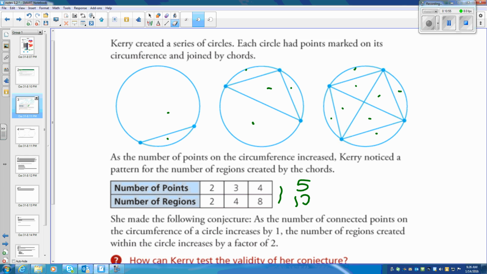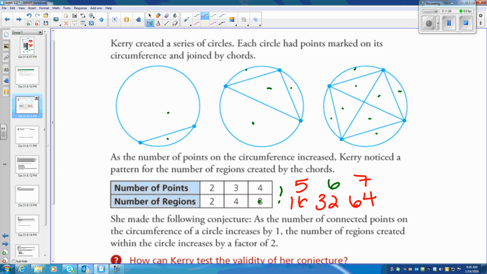And when she has 6, oh yeah, 8 goes to 16. Because it's doubling across here, right? 2 to 4, 4 to 8, 8 to 16, 16 to 32. And then for 7, it's going to be 64 cases, right?